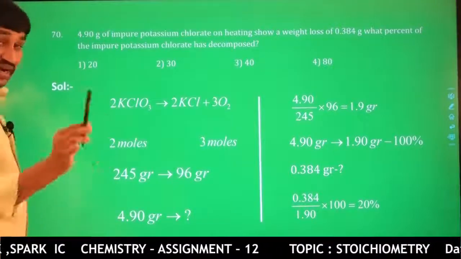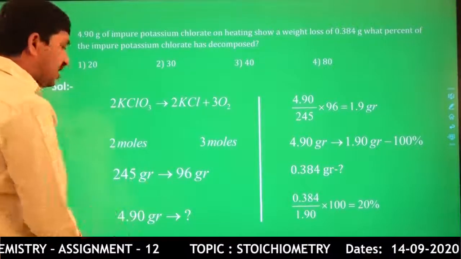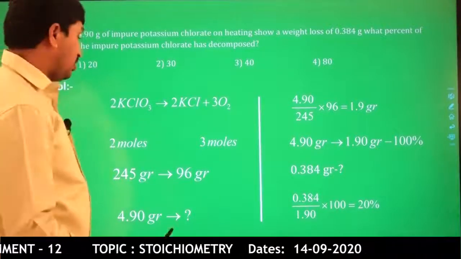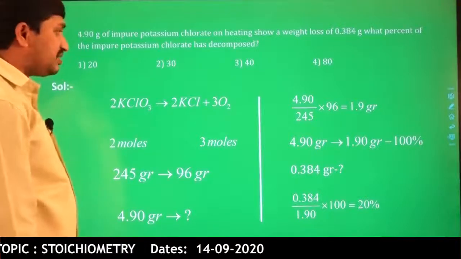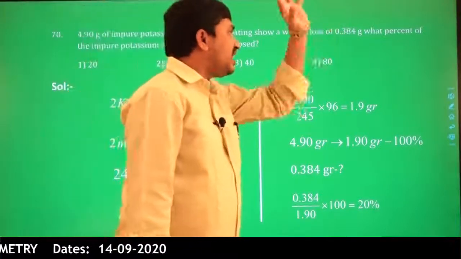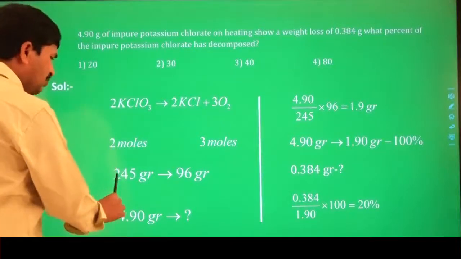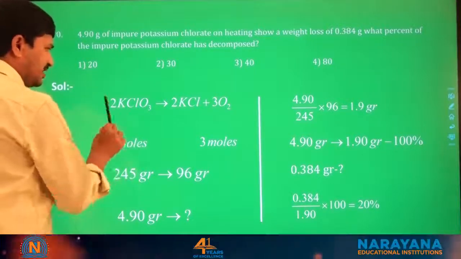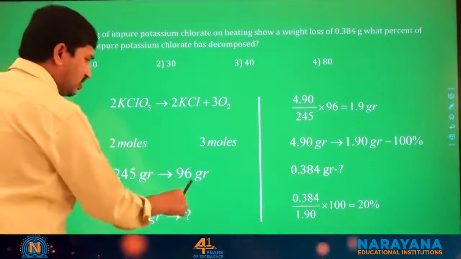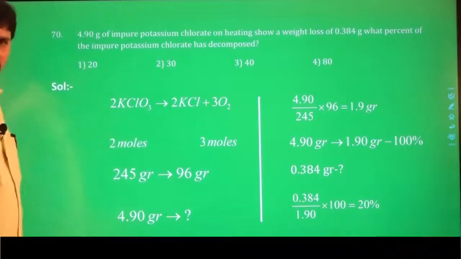So first of all, you find out whether 4.9 grams decomposes losing 0.384 grams or other substances. Got it? Here 245 grams of KClO3 thermally decomposes losing 96 grams of oxygen.